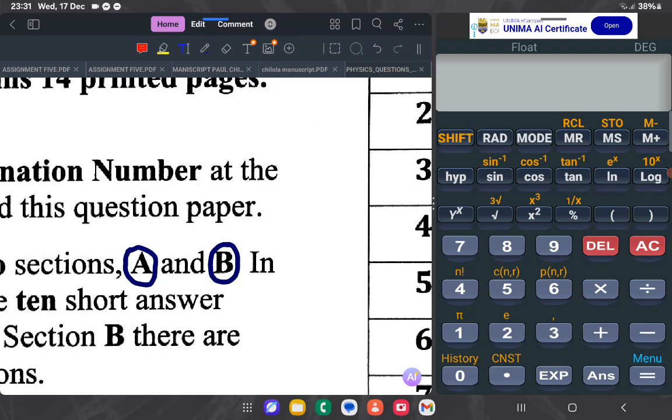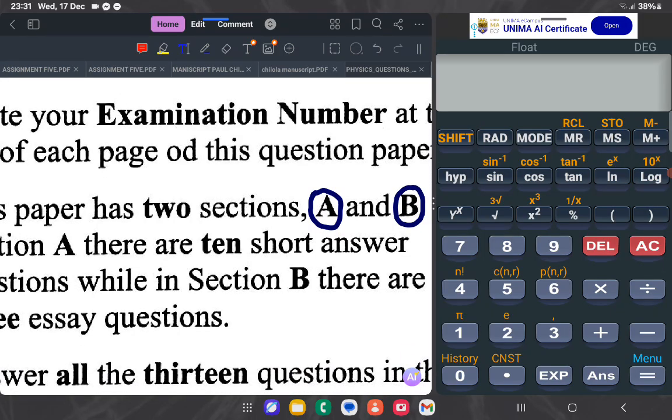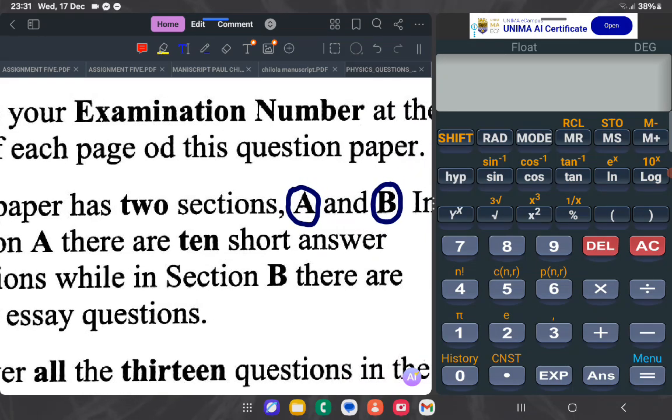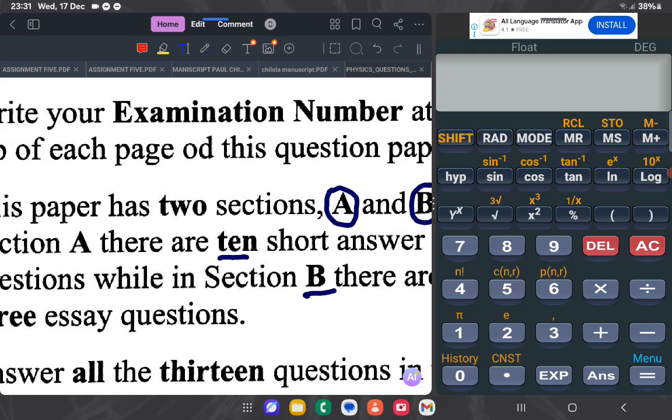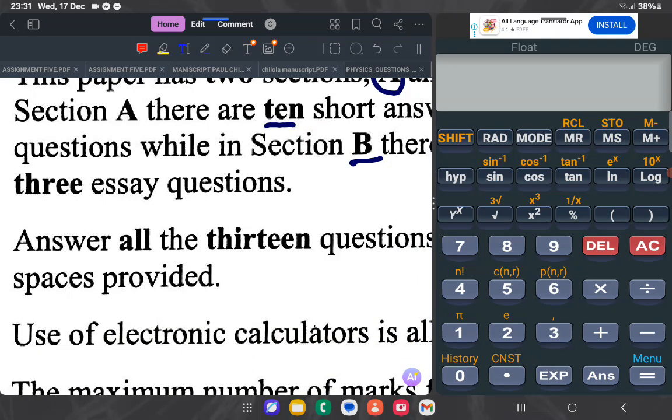The physics paper has 2 sections, sections A and B. Section A has 10 questions, demanding short answers, while section B requires that you write essay questions, and you'll be required to answer all the 13 questions.